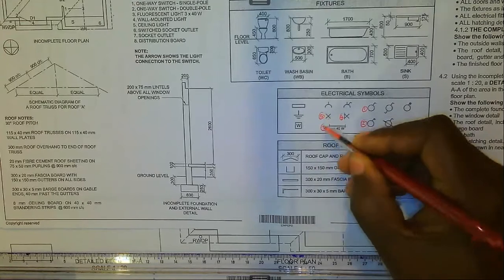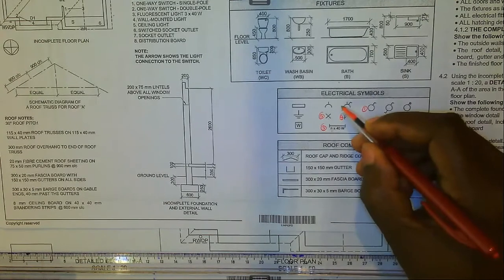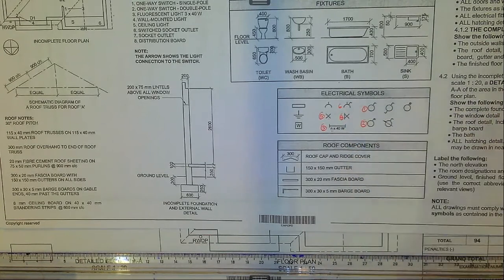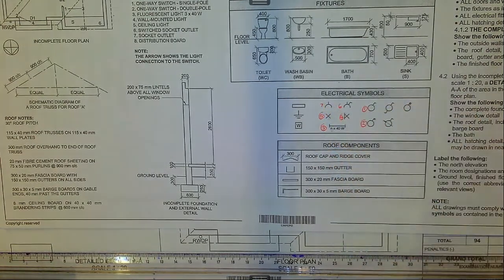That's our ceiling light. A switched socket outlet, like that, which should be attached to the wall. Then a socket outlet, it's just a socket outlet, which is number 7.